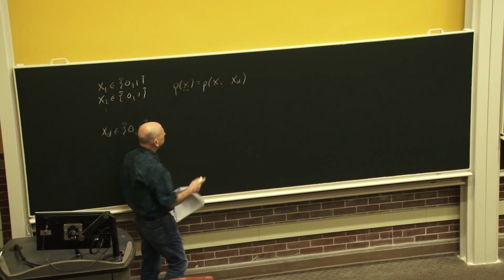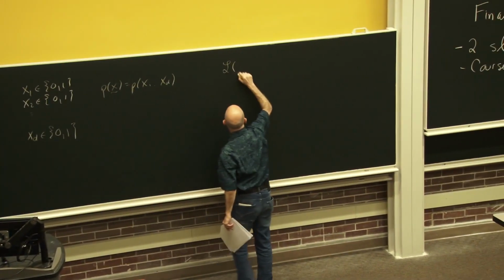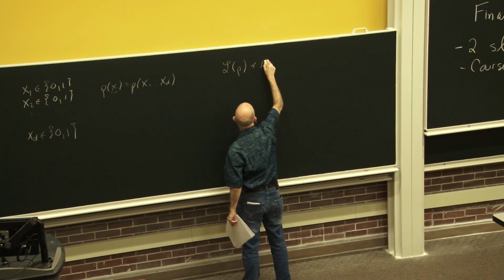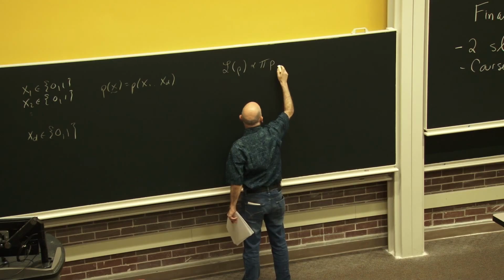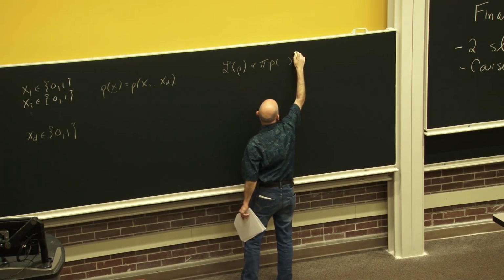And the likelihood would just be the corresponding probabilities to the corresponding counts.